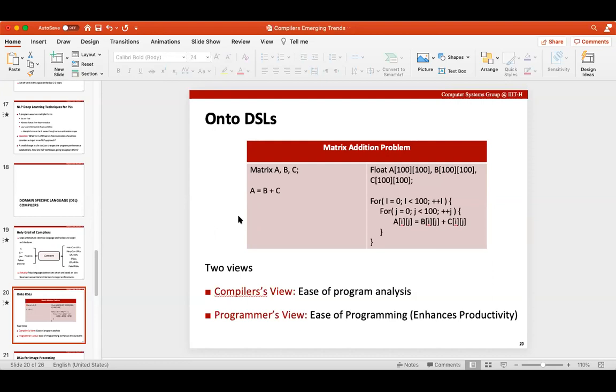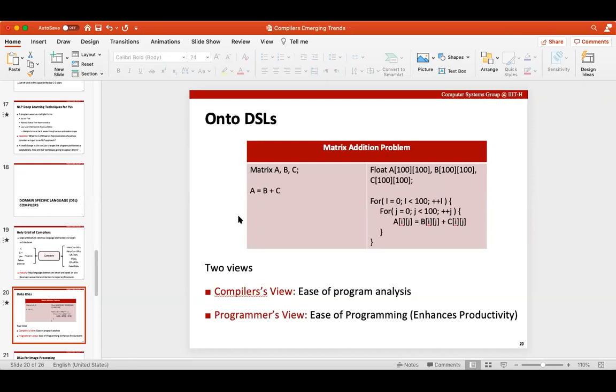But if you see the right-hand side, where you have a two-dimensional for loop written in C to do the same computation, it's hard for the compiler to figure out that you are trying to do a matrix addition problem. There's a two-dimensional loop and a statement, so the compiler has to reverse engineer what you are trying to do.